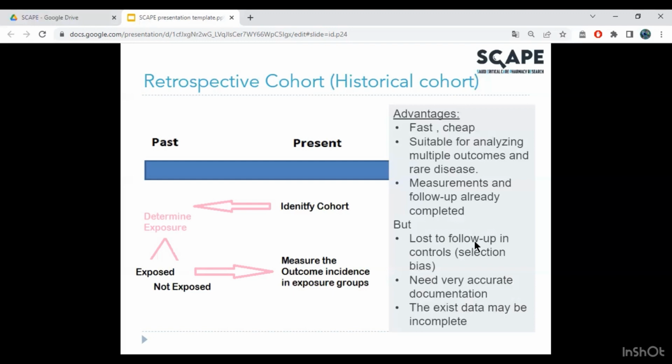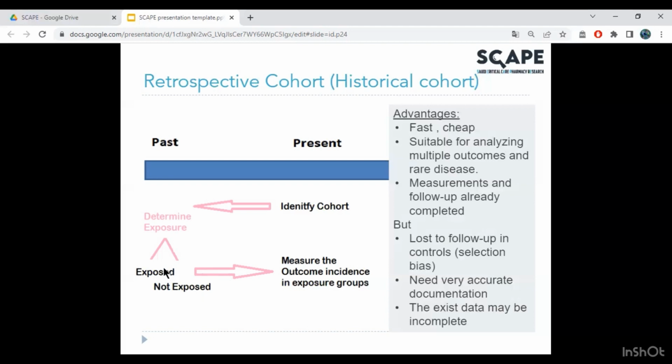However, the retrospective cohort has many disadvantages. What happens in routine medical care is that patients who were exposed to some health risk will be followed up more frequently than the non-exposed group.